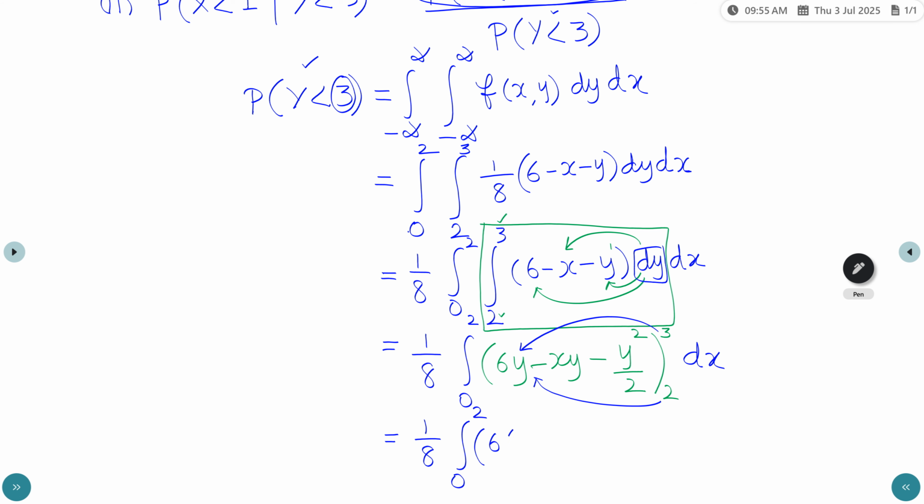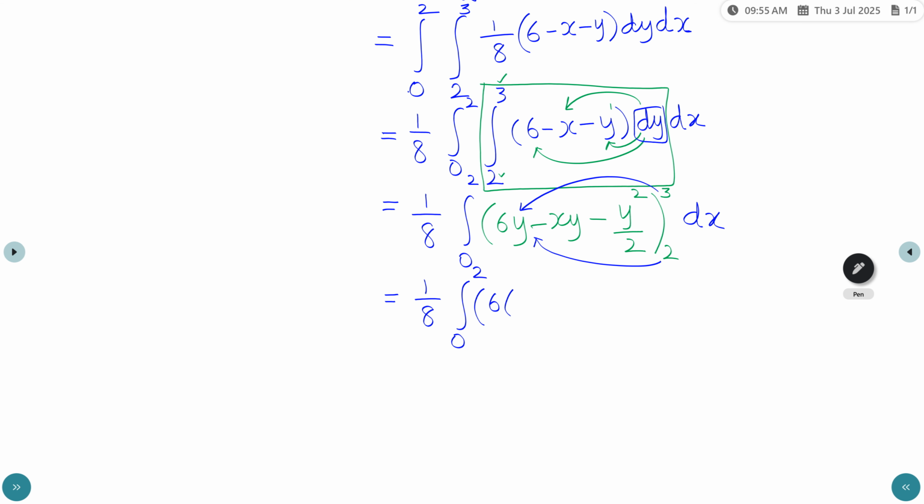So 6 into upper limit value 3 minus lower limit value 2, minus x into upper limit value 3 minus lower limit value 2, minus, we can substitute separately, 3 squared by 2 minus 2 squared by 2, into dx.